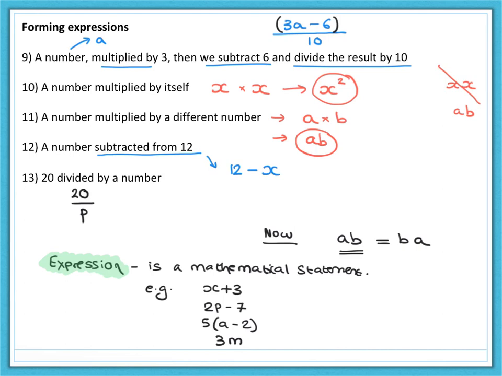Now, each part of an expression is called a term. So here's a term, here's a term, here's a term, here's a term. These are terms, and this is a single expression that consists of a single term. So parts of an expression are called terms.